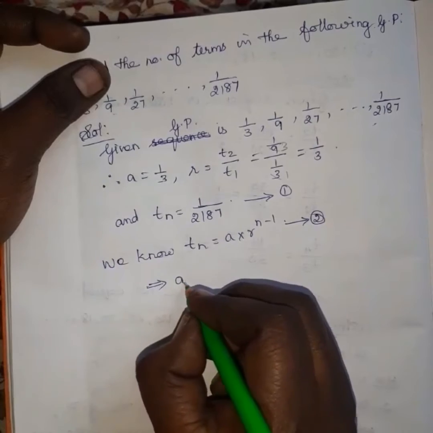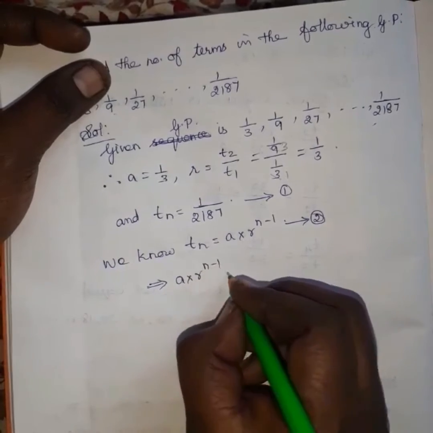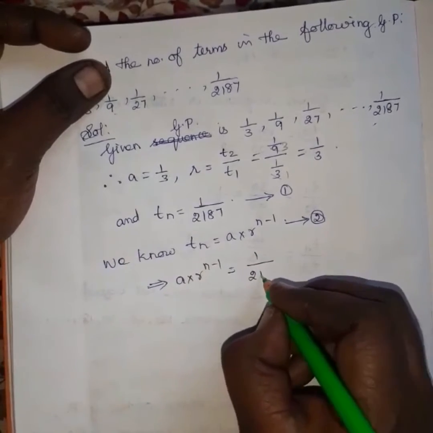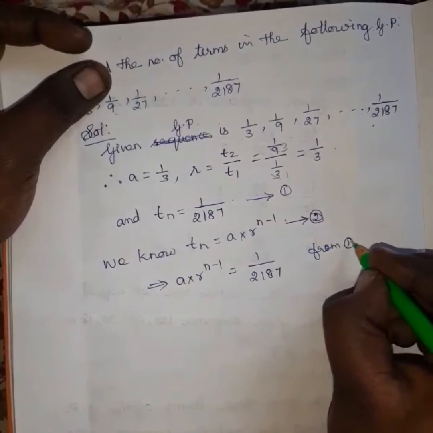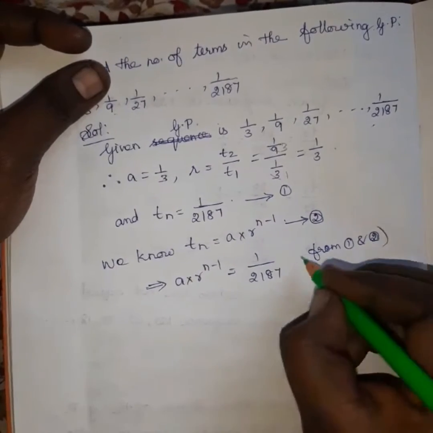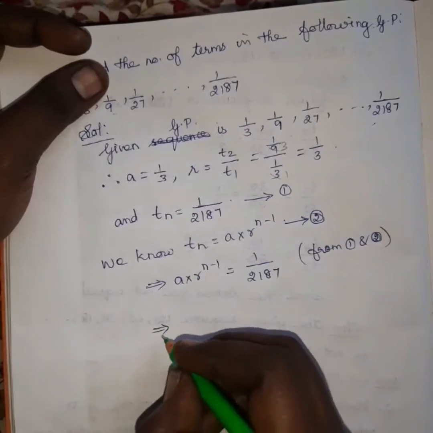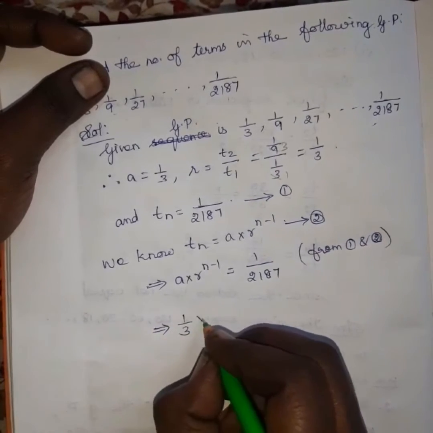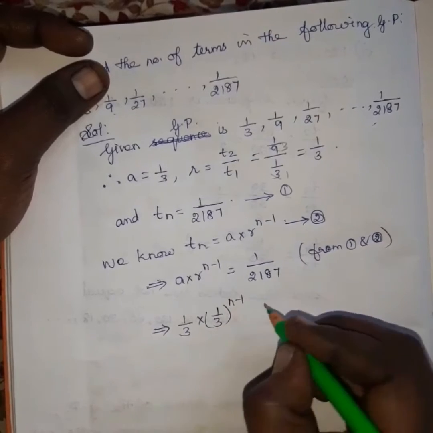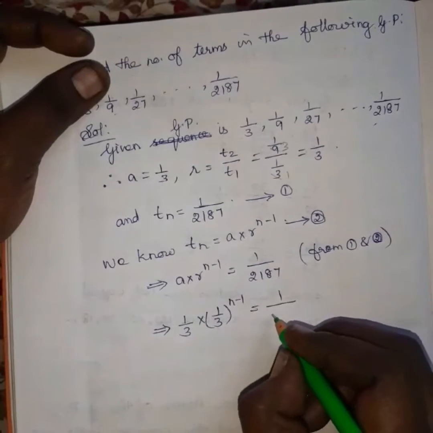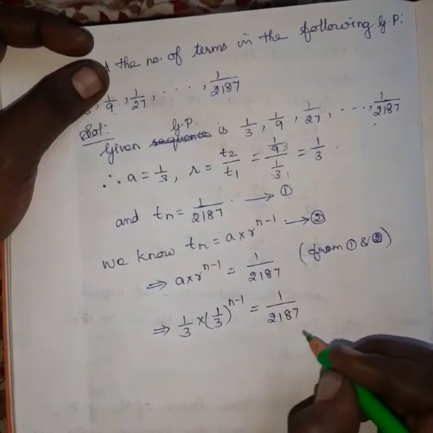A into r power n minus 1 is equal to 1 by 2187. It is from 1 and 2. Okay, so we can apply the a value, it is 1 by 3 into the r value, that is also 1 by 3, the whole power n minus 1. It is equal to 1 by 2187.